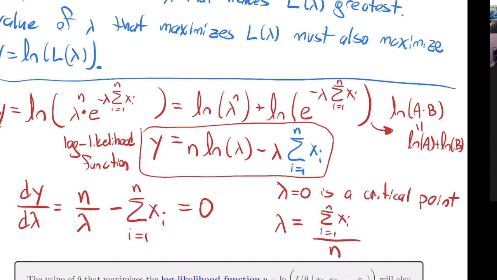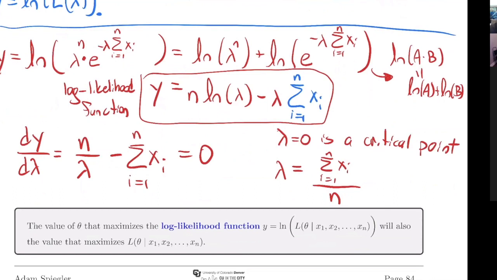Otherwise, I can solve this equation for lambda by bringing the summation to the other side and then dividing by n. So we have 2 critical points here. One of them makes the derivative undefined, and one of them makes the derivative 0.